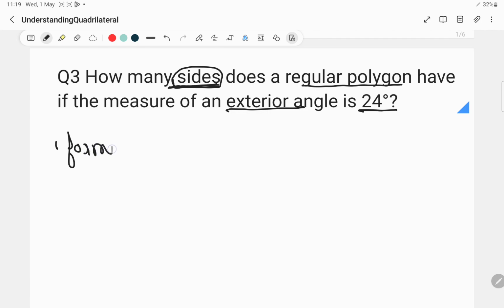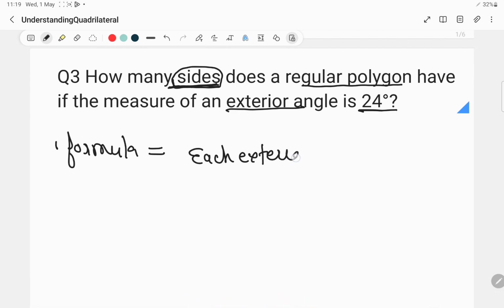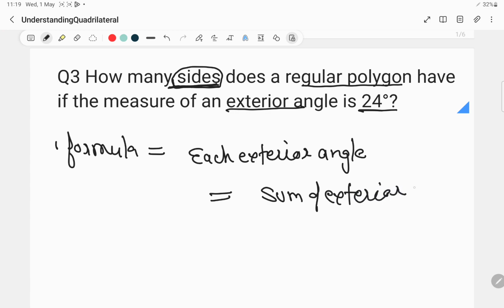The formula is: each exterior angle will be equal to the sum of exterior angles upon the number of sides, or number of angles.